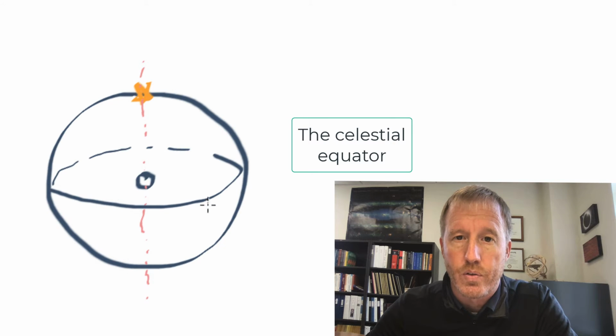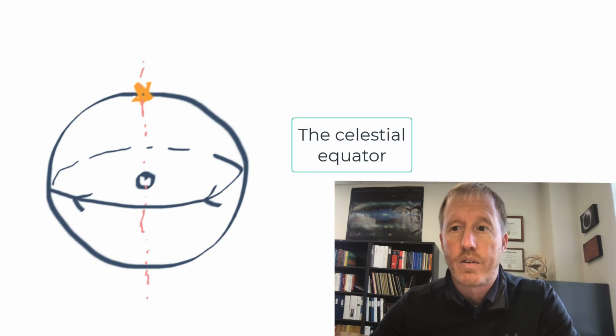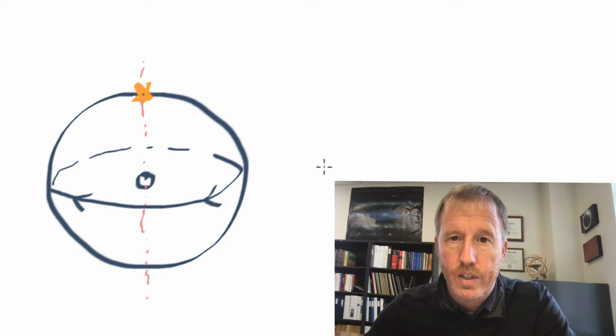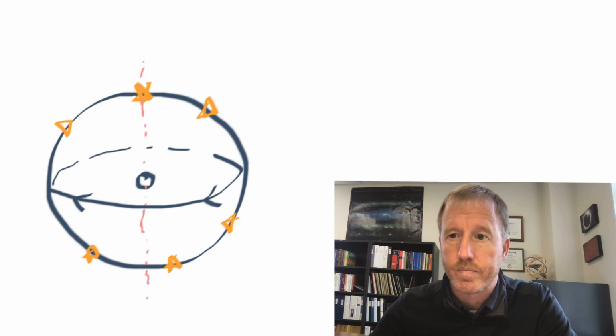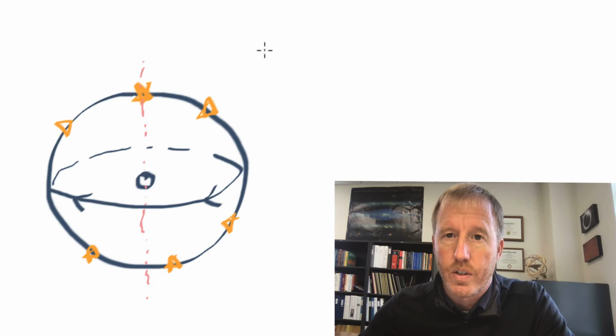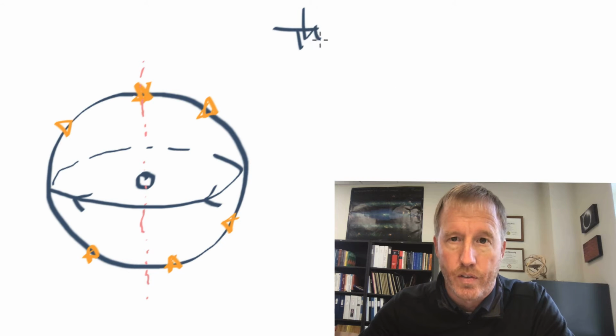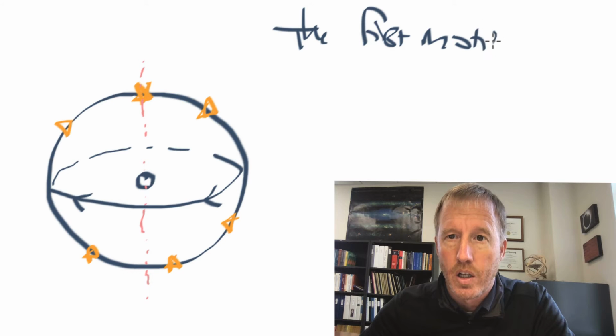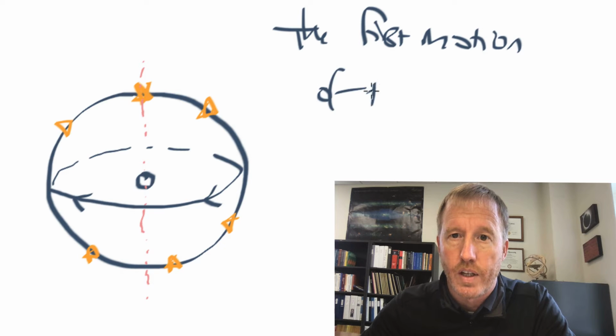So if the Earth is right here, then this sphere is rotating around in this direction. That gives rise to the daily rising and setting of the stars, the sun, the moon, and the planets. So this is the primary motion, or the first motion of the heavens.